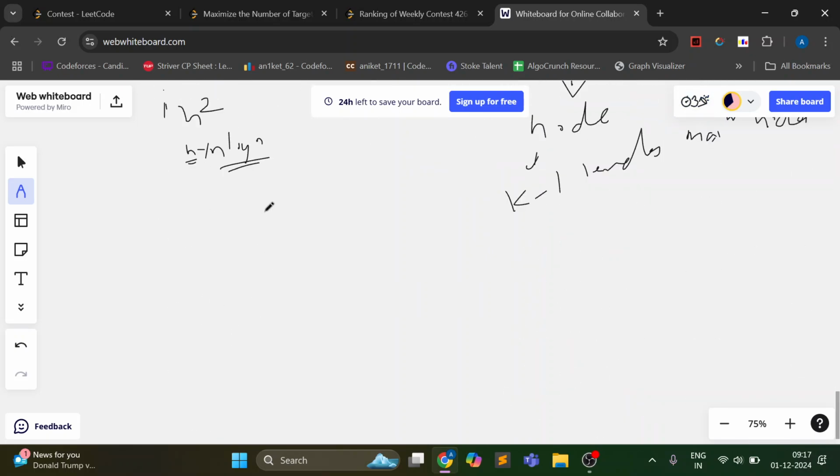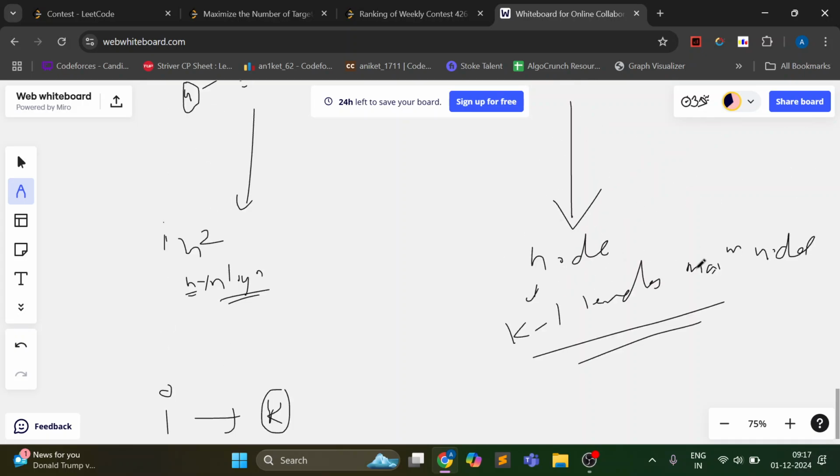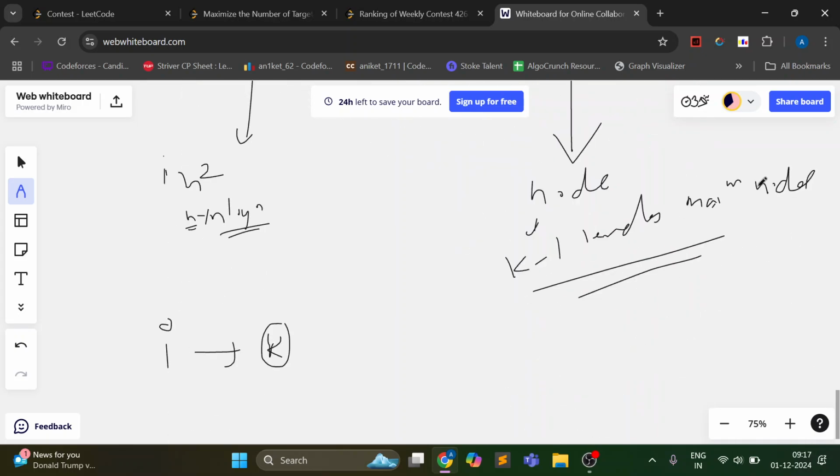So what would be the answer for that? Let's say we have to find the answer for I. First of all, we will check all the nodes up to level k in the first tree. Then we will add the maximum node, which is giving the maximum number of nodes up to k minus 1 levels in the secondary.